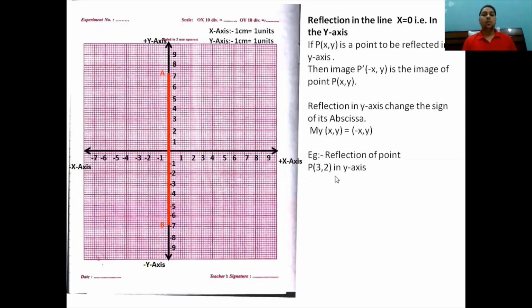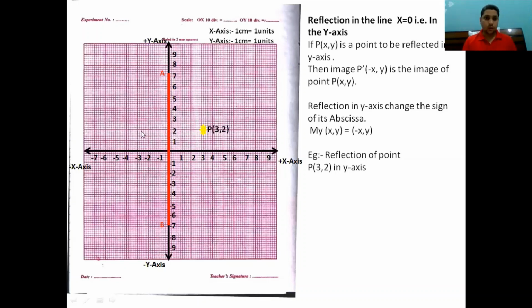Okay, P (3, 2) in the y-axis, this is a point. So what will be the reflection? If this is an object or point here, point (3, 2), and here is the mirror, then where will be the image? The image will be on this side. 1, 2, 3, 1, 2, 3 at this point. So the image will be at an equal distance from this point.